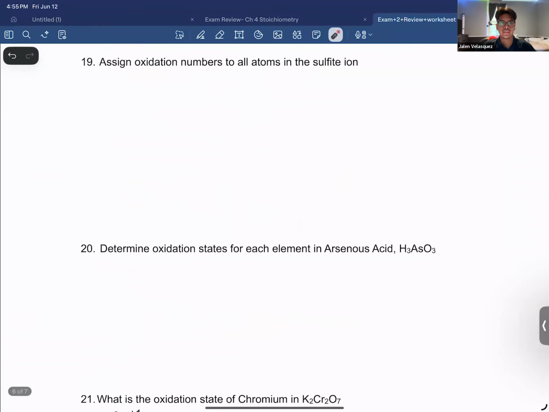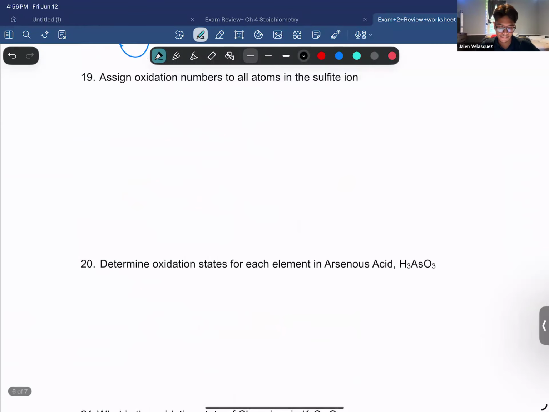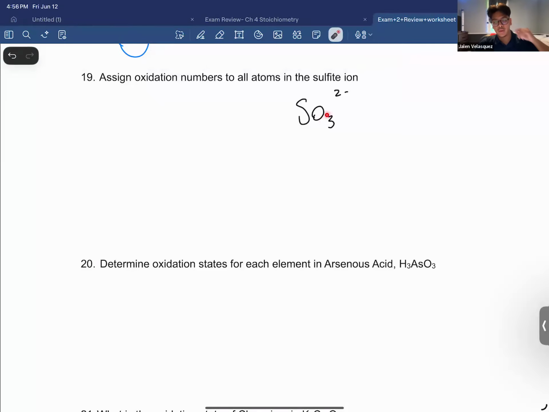All right, so number 19 says to assign the oxidation numbers to all the atoms in the sulfite ion. So does anybody know what sulfite is? What's the formula and charge for that? So we know sulfite is SO3 2 minus. So we know what oxygen is. We have to figure out what sulfur is.